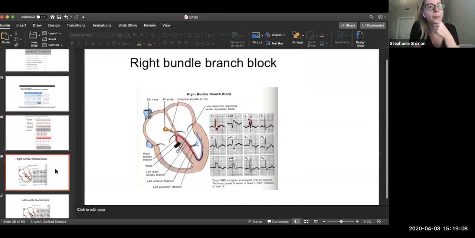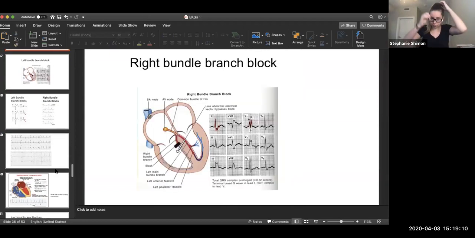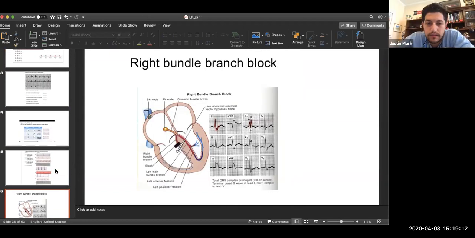I threw in as much as I could here, the more high yield stuff. So we'll start talking about the right bundle branch blocks. With the right bundle branch block, the first place I always look is V1. Again, I'm no expert on this, but if I see bunny ears in V1, I'm thinking right bundle branch block. This is a characteristic pattern.